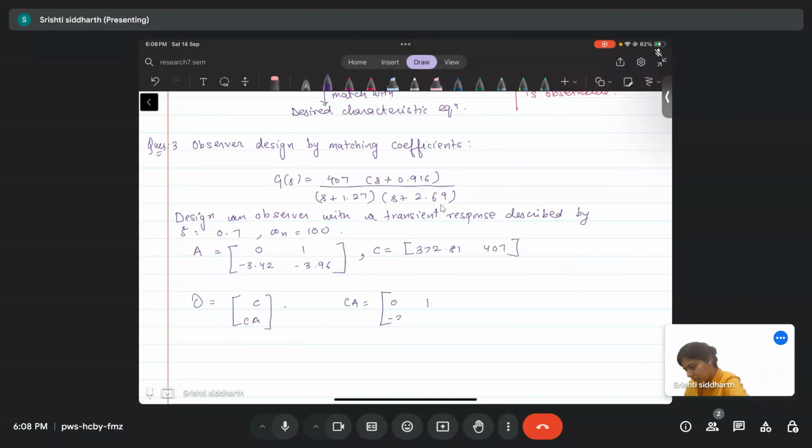C times A is 0, 1, minus 3.42, minus 3.96.